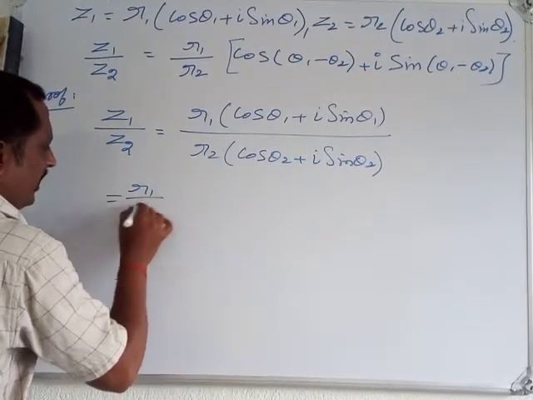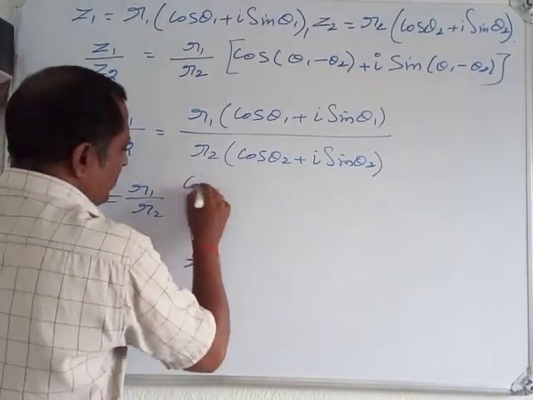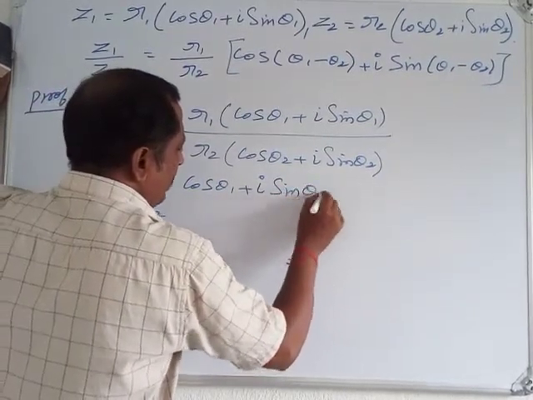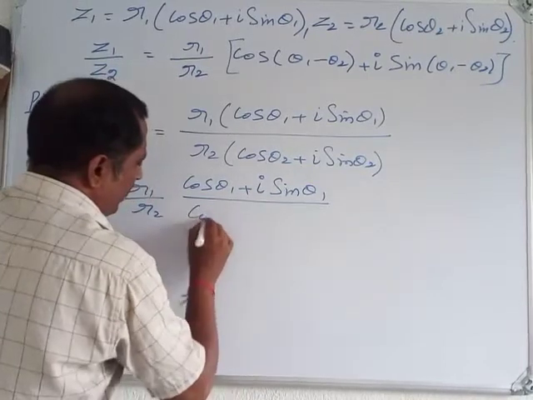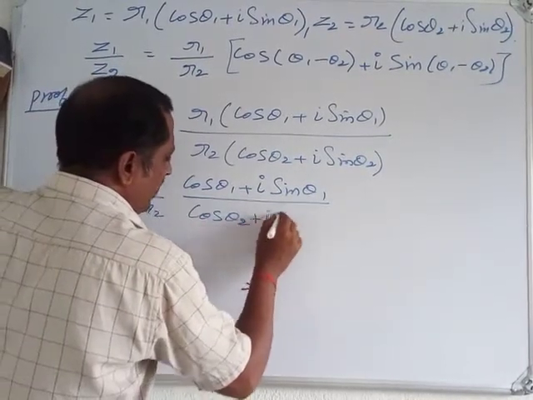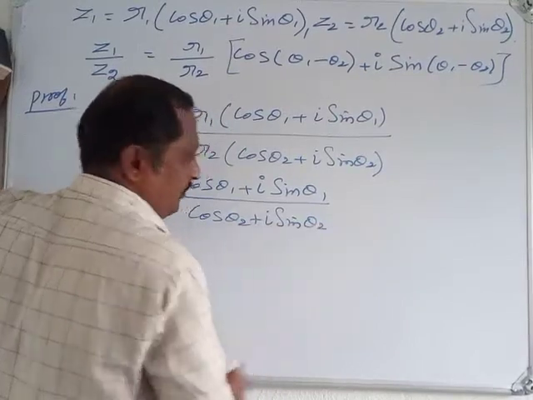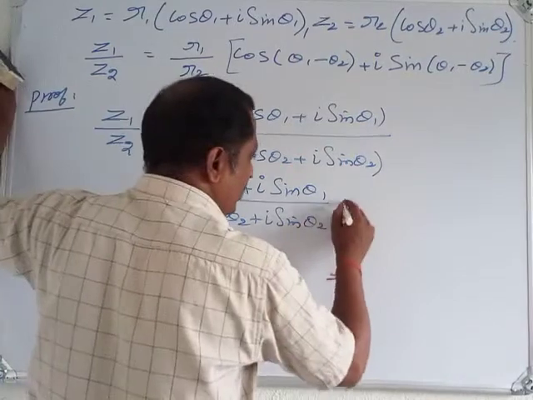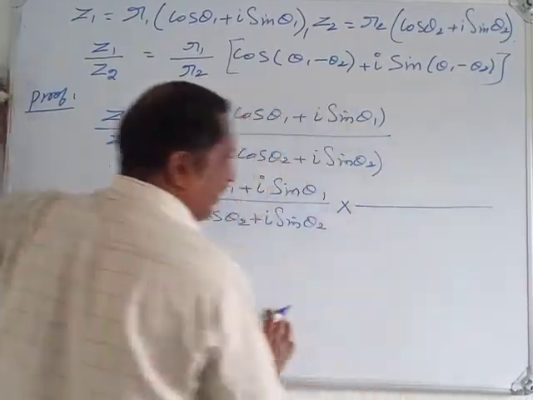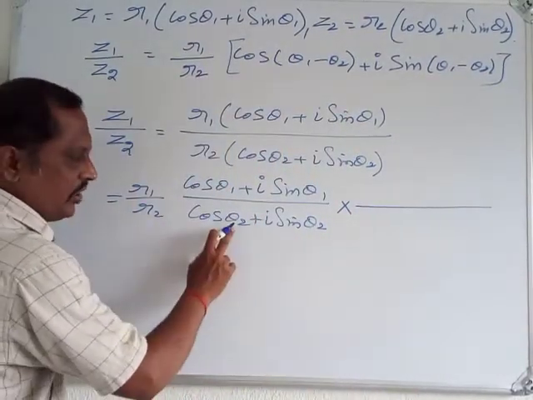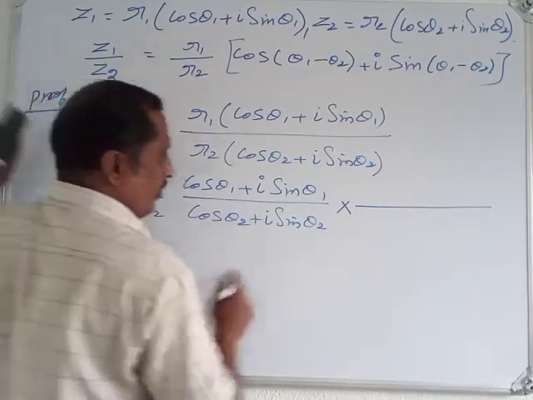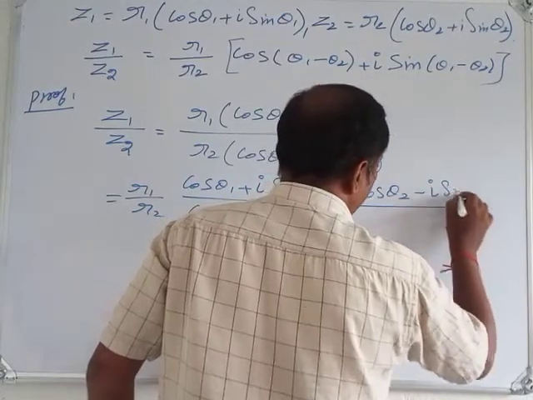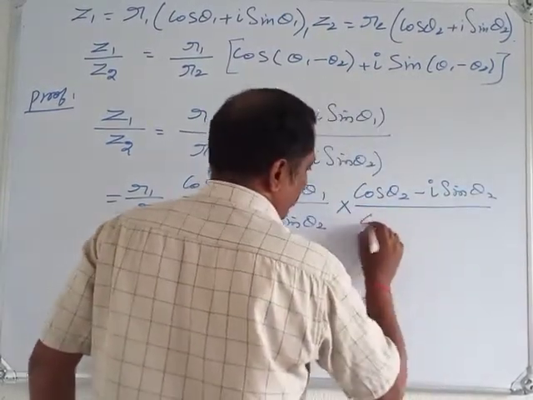R1 divided by r2, if we split that side, cos θ1 plus i sin θ1 divided by cos θ2 plus i sin θ2. It is not a standard form, rectangular form. So we have to multiply numerator and denominator by the conjugate of the denominator. What is the conjugate? The conjugate is cos θ2 minus i sin θ2. Right.